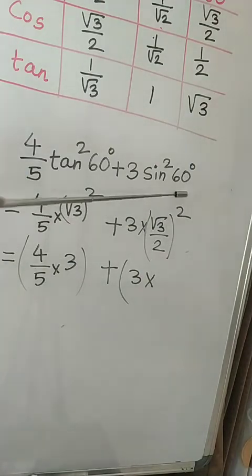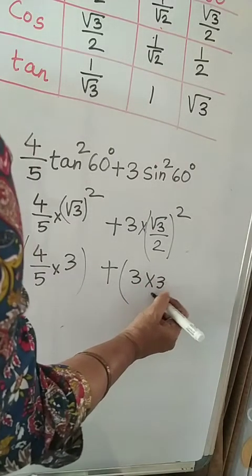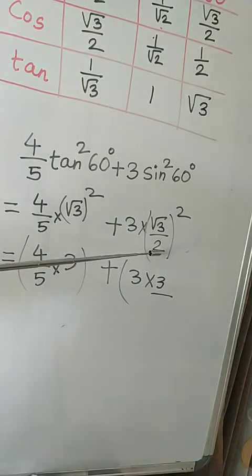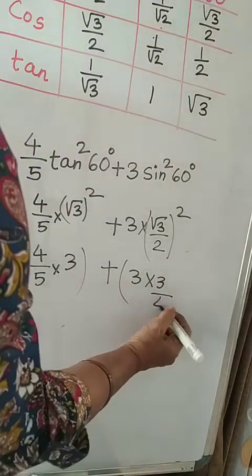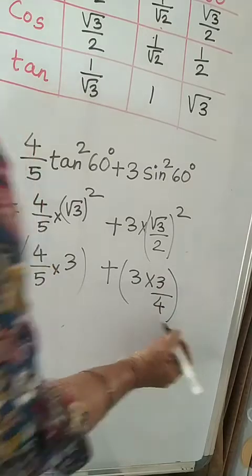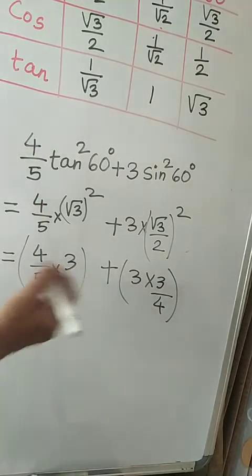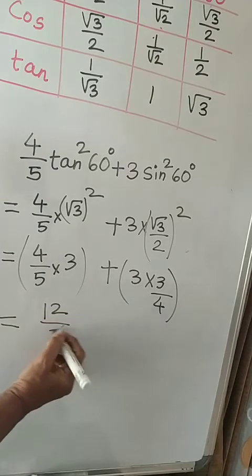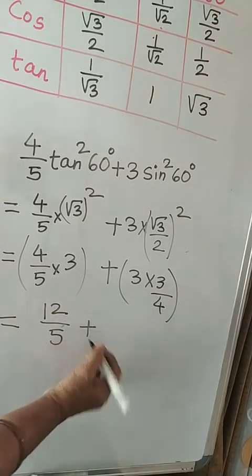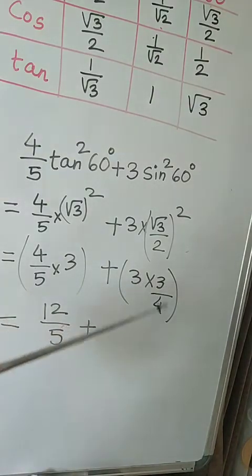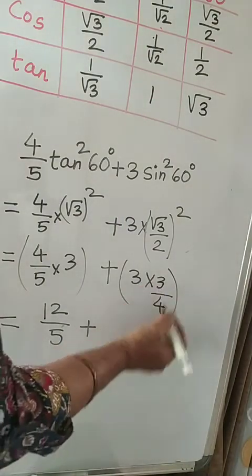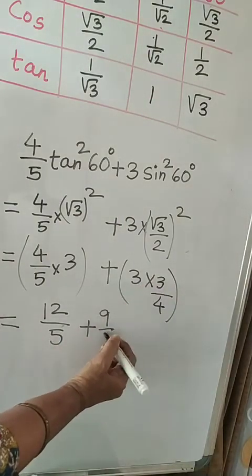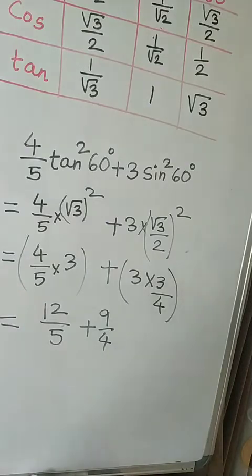So root 3 square is 3, upon 2 square is 4. So what do we get here? 4 threes are 12 upon 5 plus 3 threes are 9 upon 4. So this has become an addition of 2 different fractions.